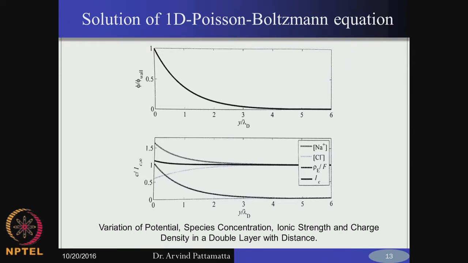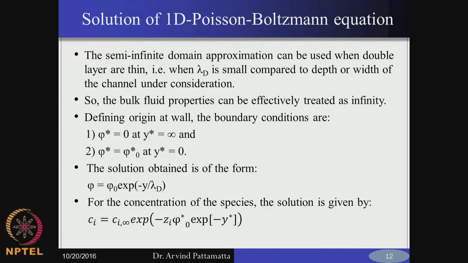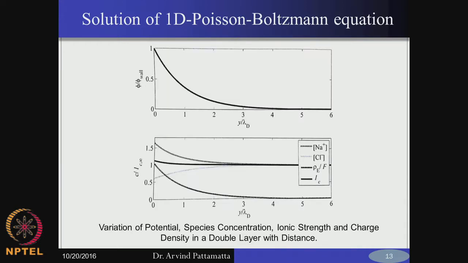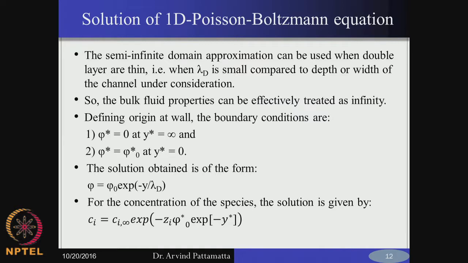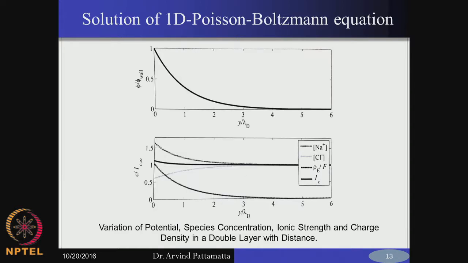The other is your concentration variation. From this, for a particular species, for Na plus, for Cl minus, for each of these you can plot the variation of concentration with respect to y. For example, if you have a negatively charged wall, the concentration of positively charged ions will be in excess close to the wall, right.